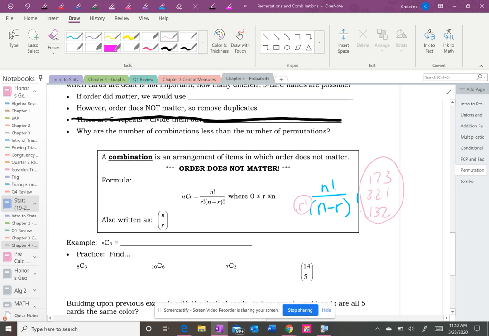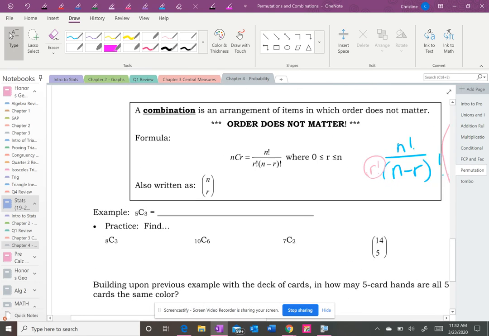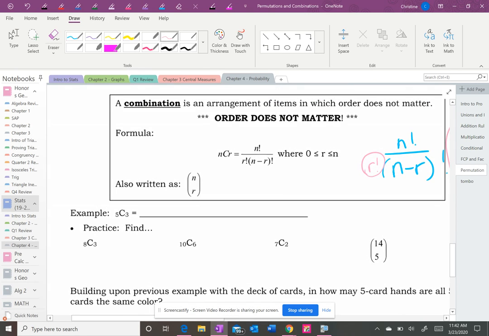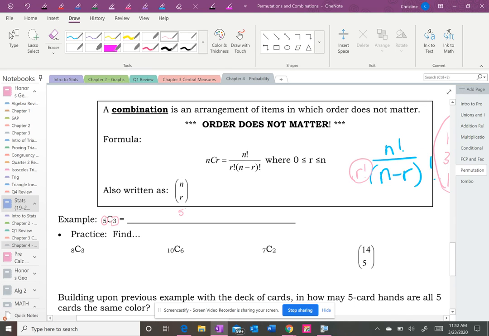Okay, so for example, if you had a group of 5 things, 5 people, and you wanted to pick 3 of them in any order to do something, you would do 5 factorial over 3 factorial times 5 minus 3 factorial.